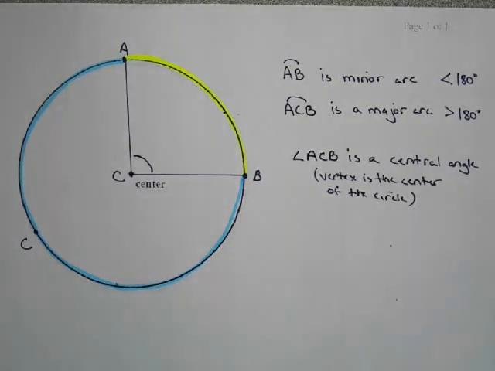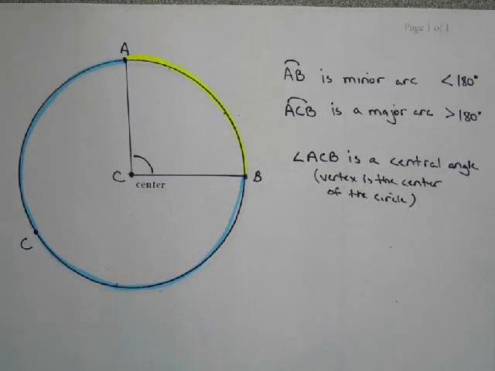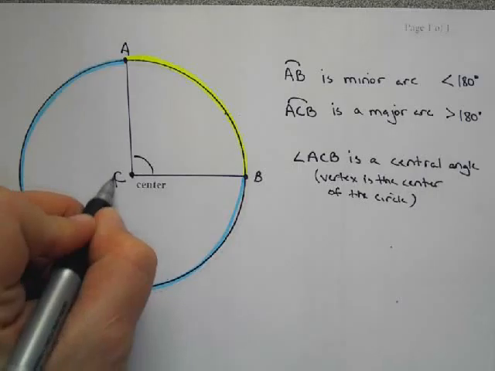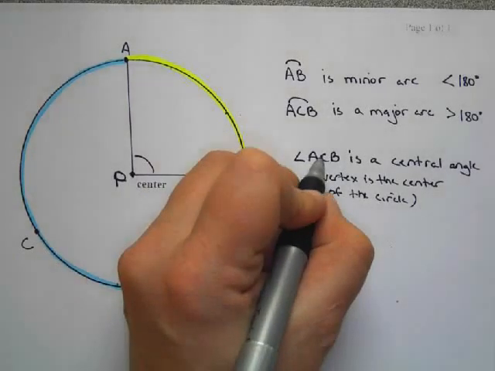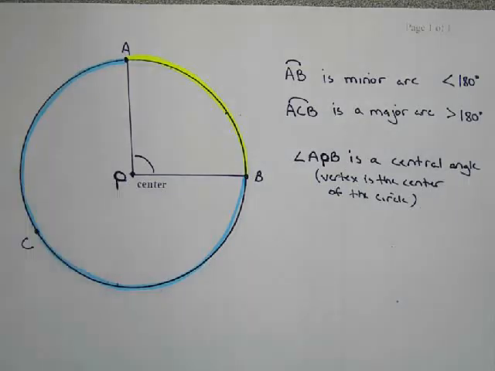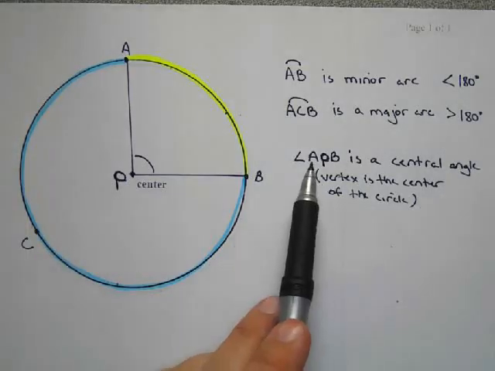Now let's change that to point P so that we don't get it mixed up. So we'll make that P as the center of our circle. So angle APB is a central angle.